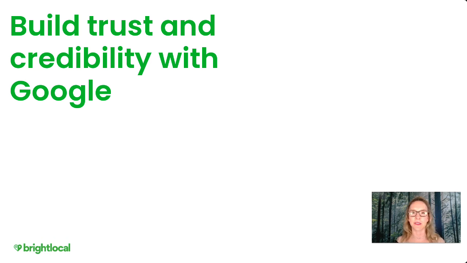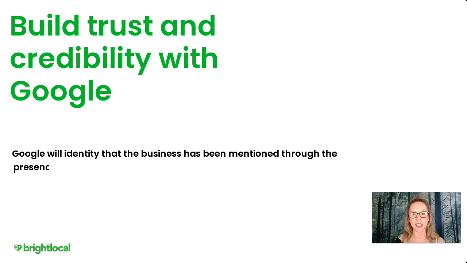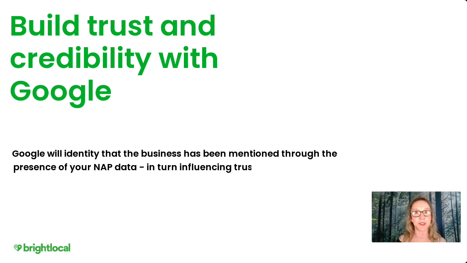They'll have access to this immediately on their phone when searching for a business somewhere, when standing looking for a restaurant. You're going to Google it. You'll Google the address, the contact details. So Google will identify that the business has been mentioned through the presence of your NAP data, in turn influencing trust signals to the business. The more correct information that it can find for you, the more likely it is going to provide you to a searcher as a trusted search result.